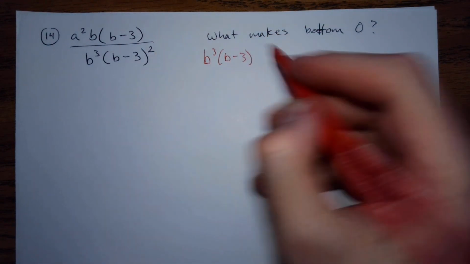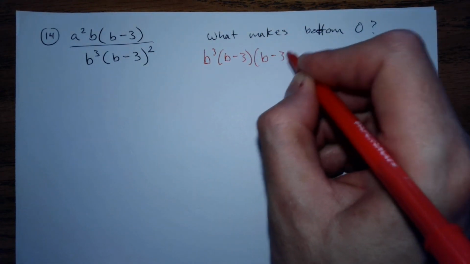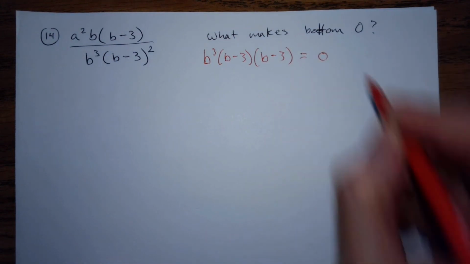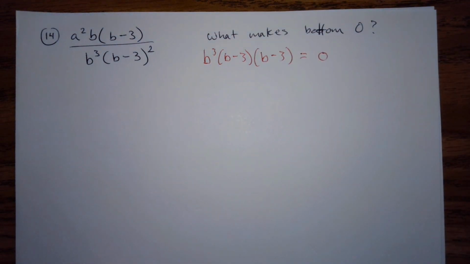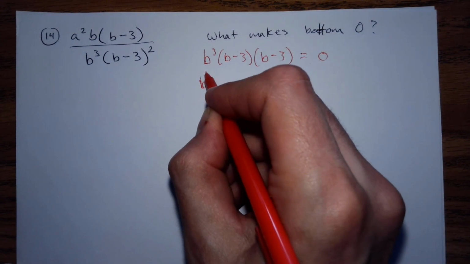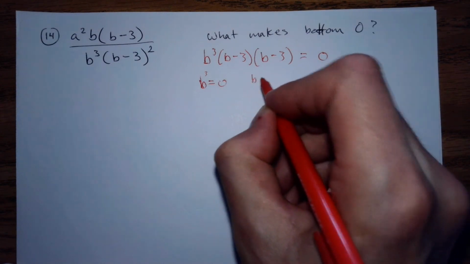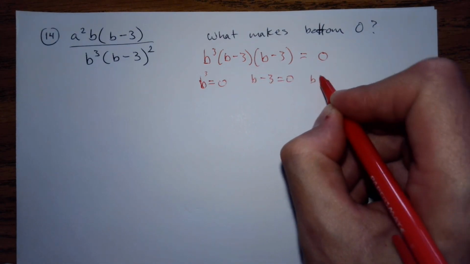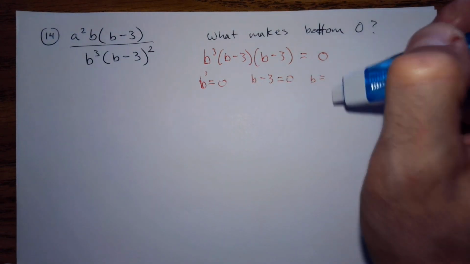Whenever I have a quantity squared, that's the same thing as b minus 3 times b minus 3. So what makes the bottom 0? I can set it equal to 0. But this is already factored, so I can just set each piece equal to 0.